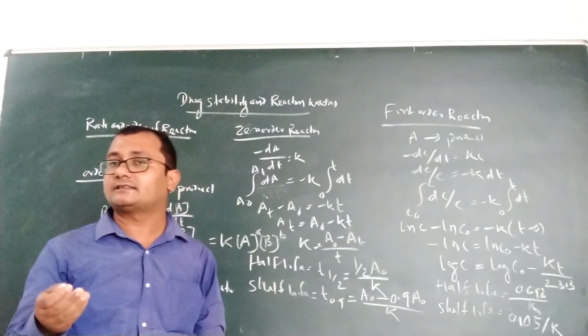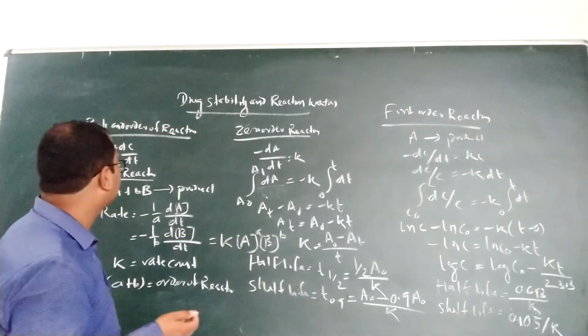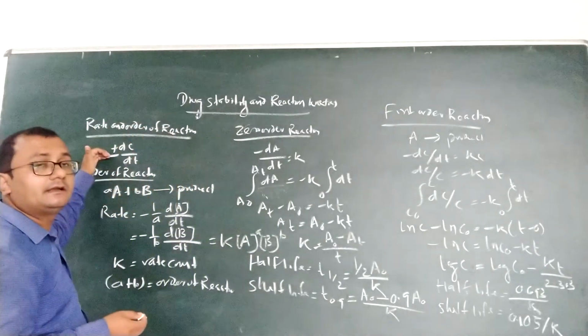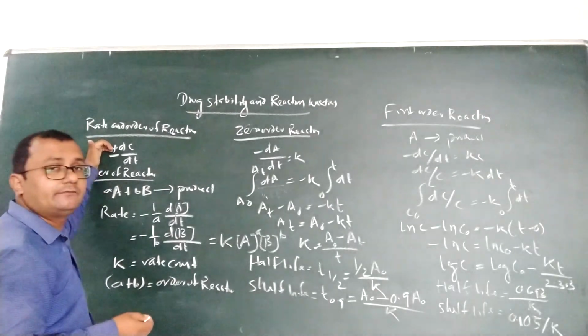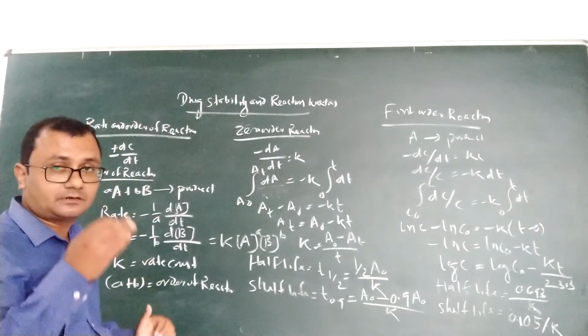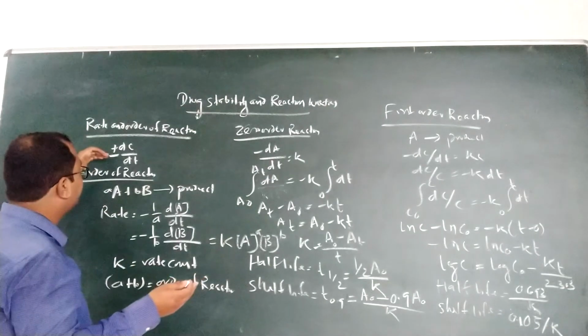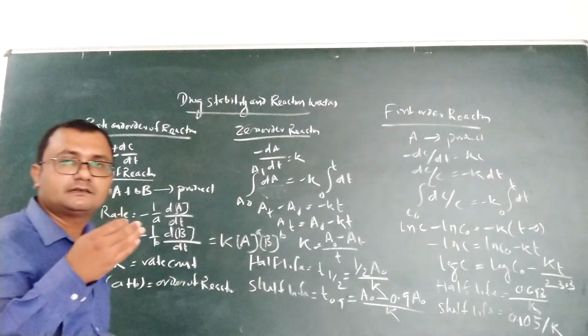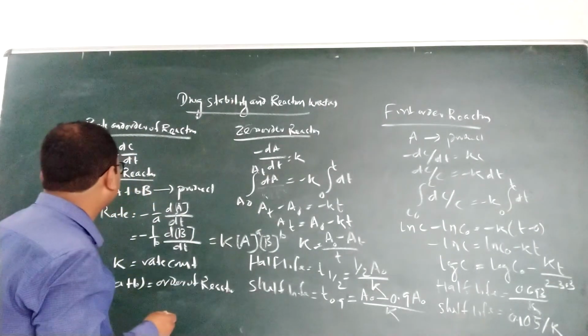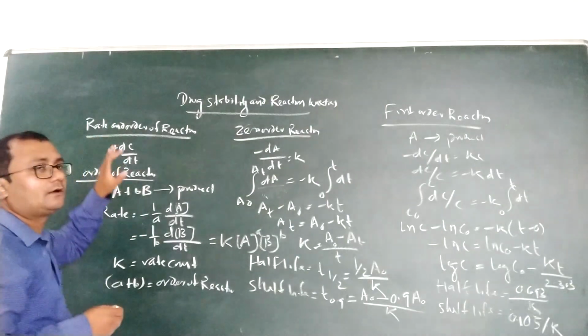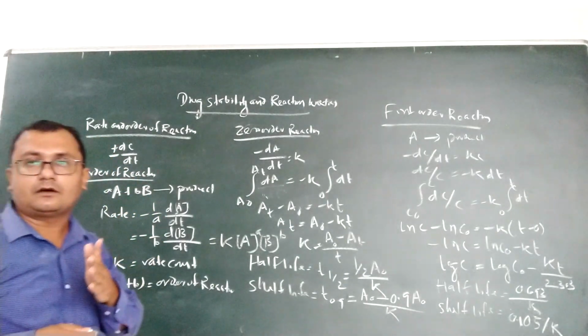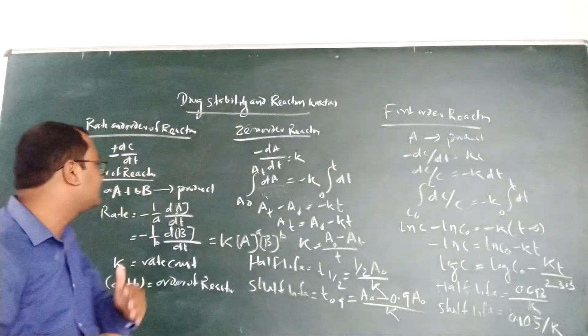If it is positive, the concentration is increasing. If it is negative, the concentration is decreasing. So from these signs we can know whether the concentration is increasing or decreasing.